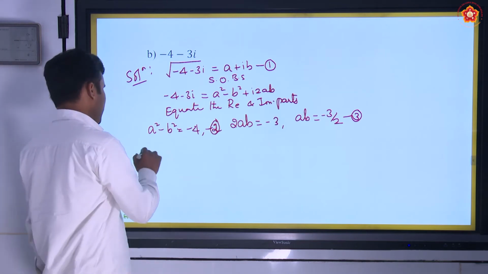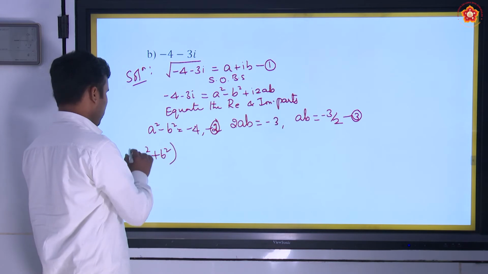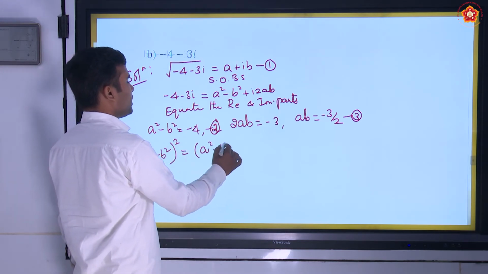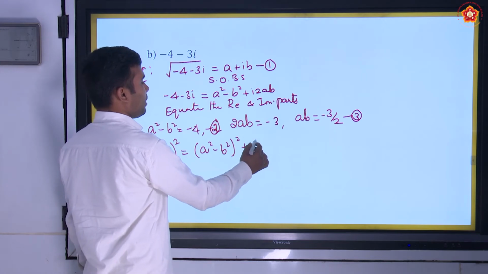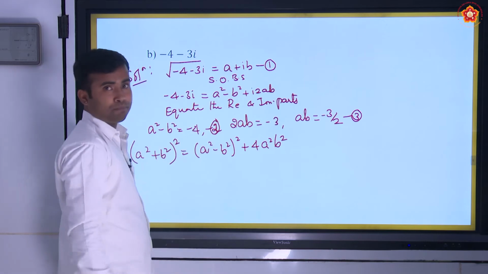Now I can write (a square plus b square) whole square as (a square minus b square) whole square plus 4a square b square.